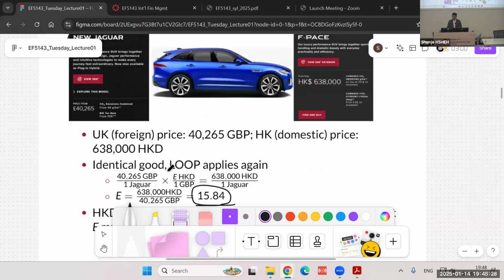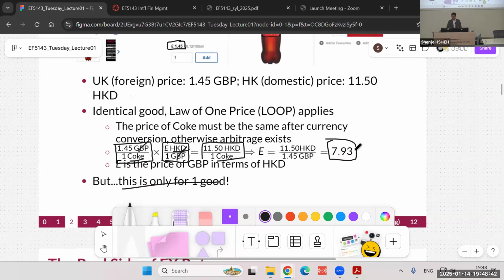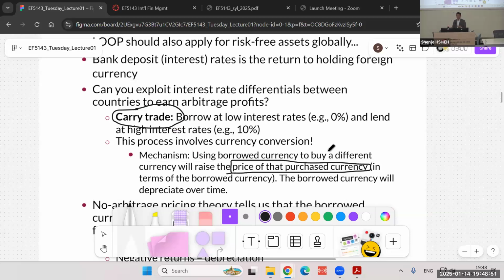Just as if you see the exchange rate not being identical to 15.84, right? If it's not 15.84, you can arbitrage. You can buy low, sell high cars in this case, or buy low, sell high Coke Zero. In this case, you're doing the same thing. You're just buying low, selling high in terms of bank deposits.